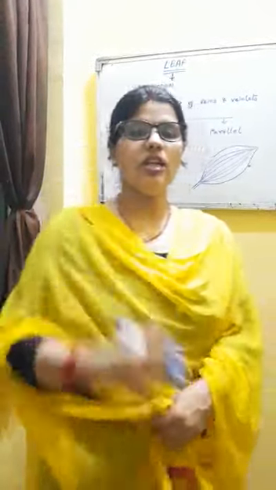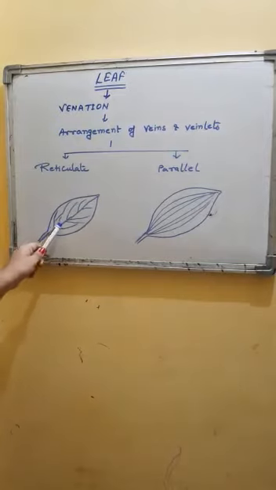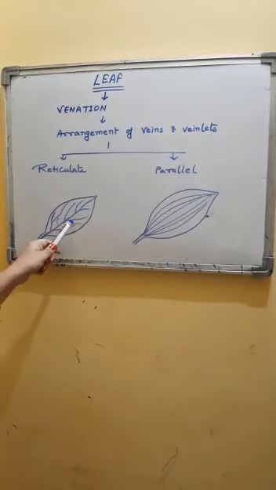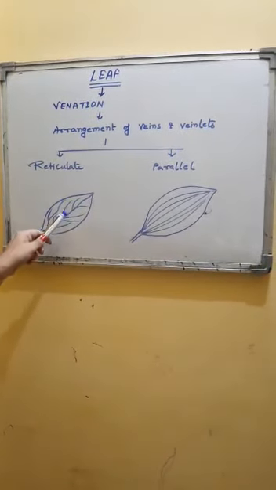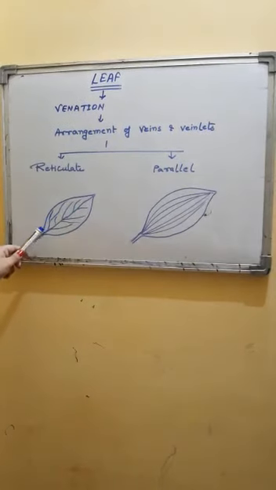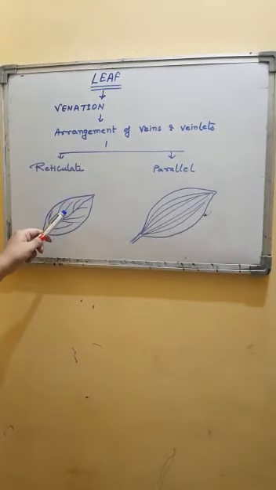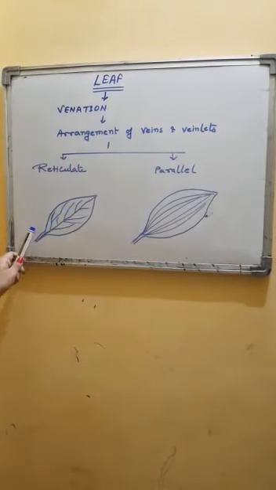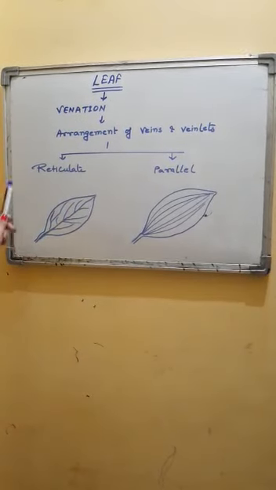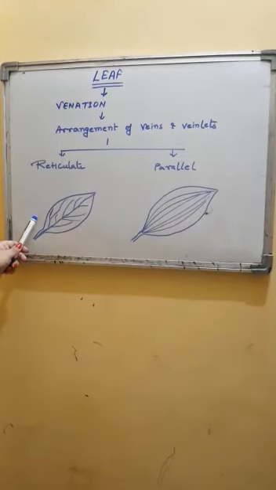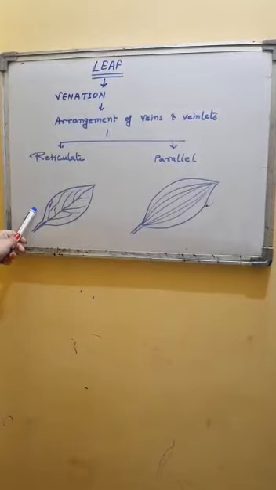The venation is of two types: reticulate venation and parallel venation. Reticulate venation is a type of venation where veins and veinlets are arranged in a network. Such type of venation is called reticulate venation, and it is a characteristic feature of dicot plants.